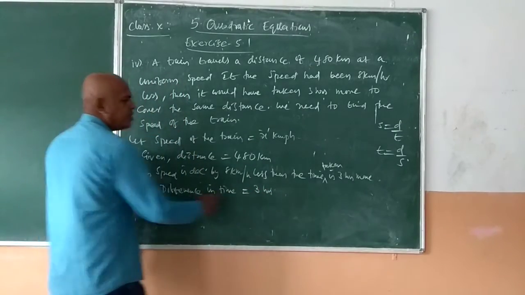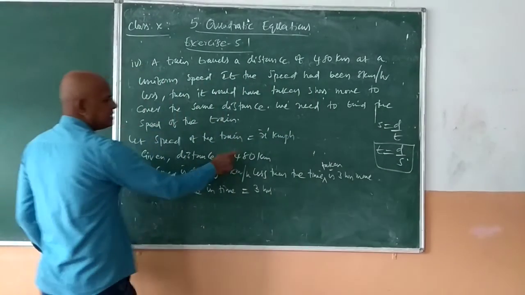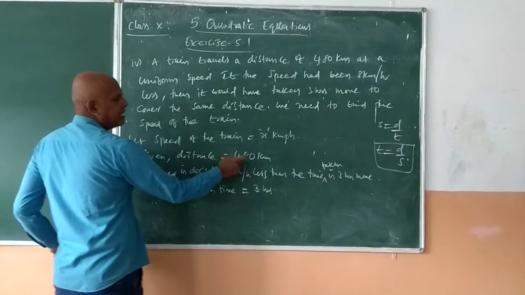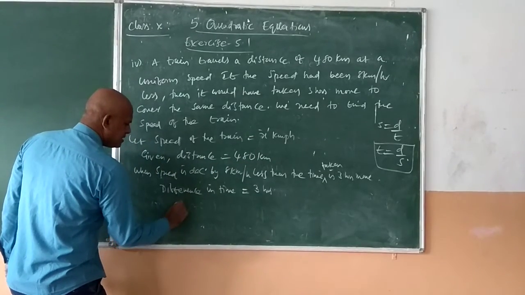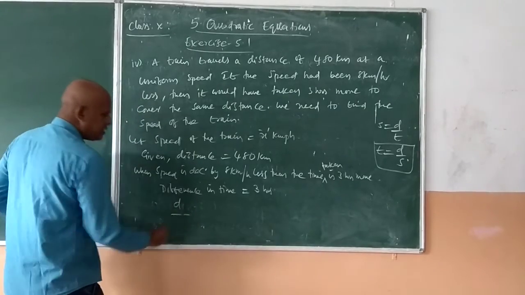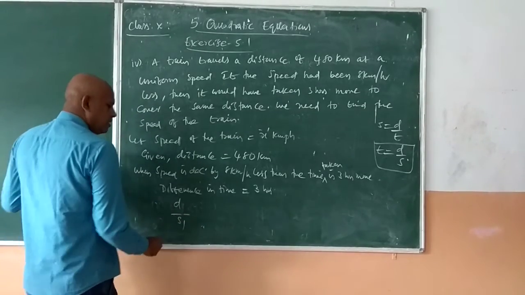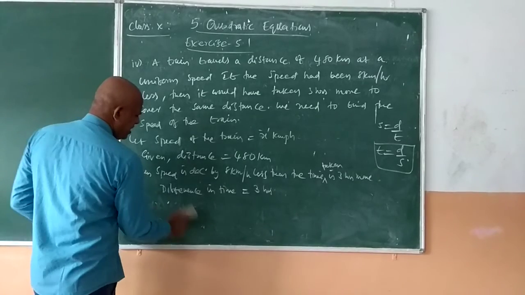So what is the formula here? Time is equal to distance by speed. First, time is equal to distance, that is d1. The distance is common. First speed is S1, second speed is S2. So directly you can take it otherwise.